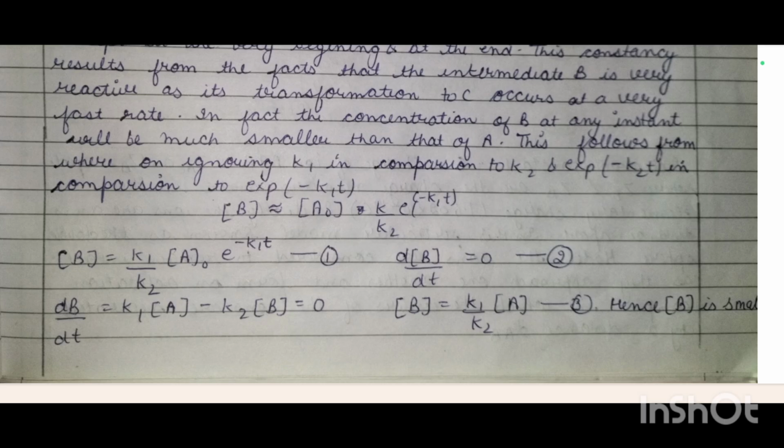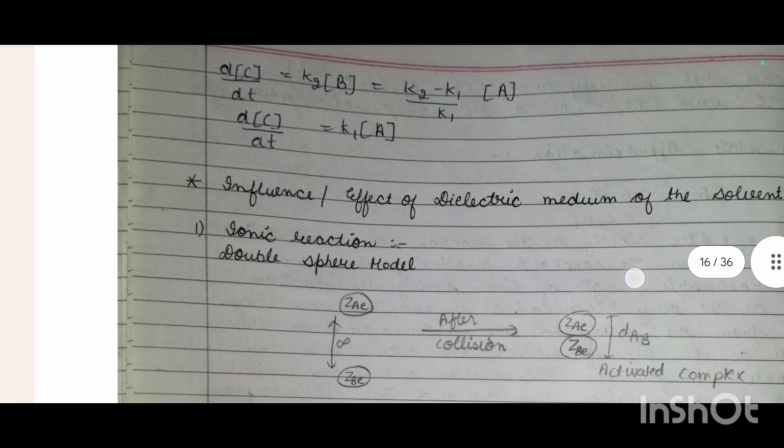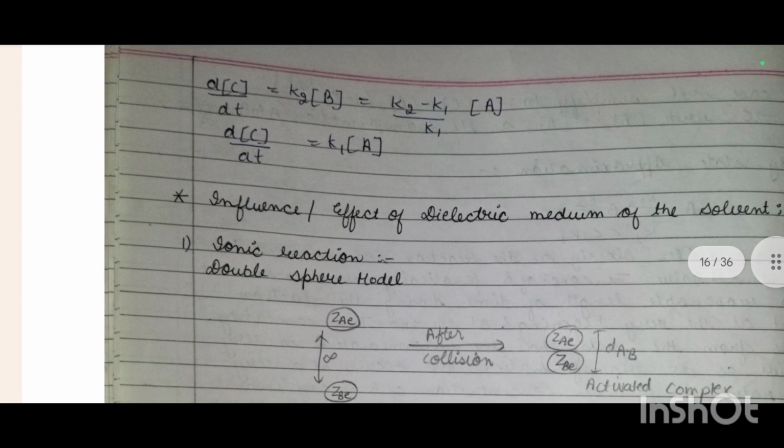So the concentration of B is equal to K1 divided by K2 into the A concentration. Hence B is small. dC by dt is equal to K2B, which is equal to K1A.